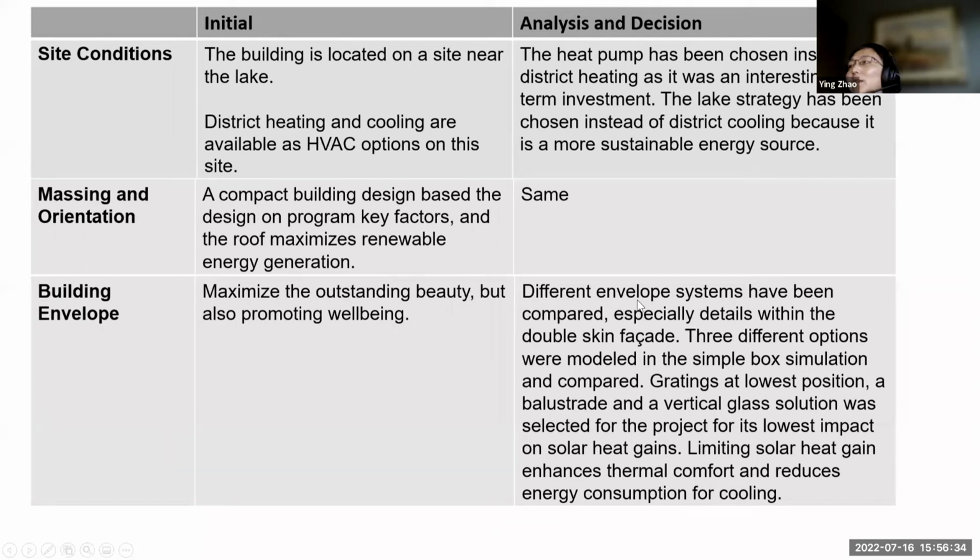So they analyze different facade systems. It's compared, especially data within the double skin facade. They analyze 3 options, and finalize. They find one option, which is a balustrade with vertical gas solution for the double skin facade, to limit solar gain, give better thermal comfort, and reduce energy consumption.